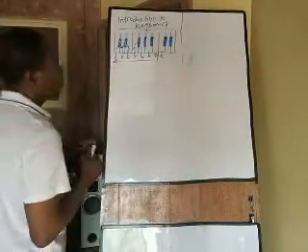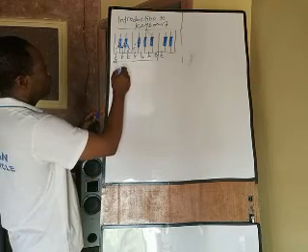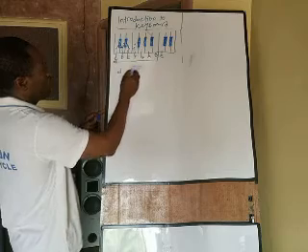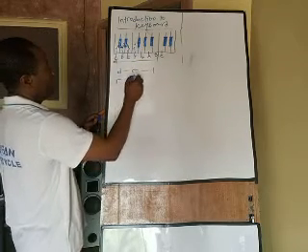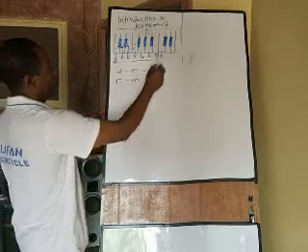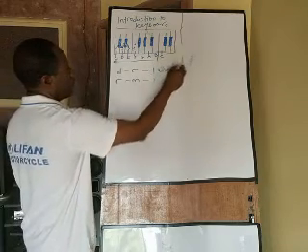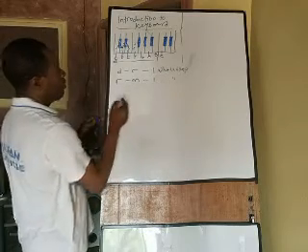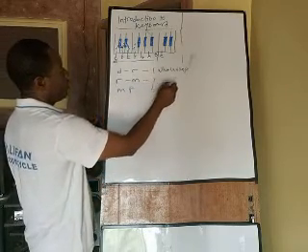So, look at it now. Between do and re is whole step, right? Yes, sir. Between re and mi is whole step. Between mi and fa is half step.